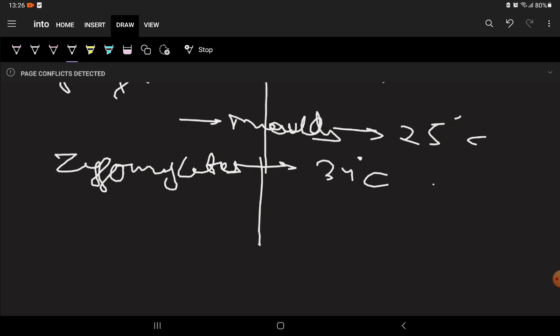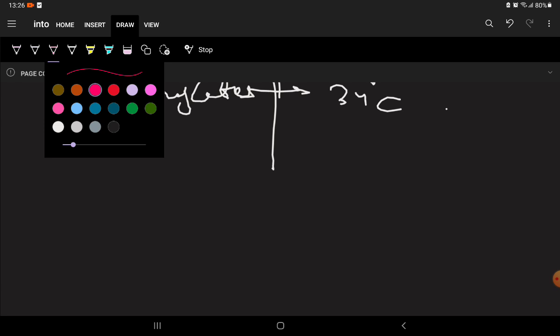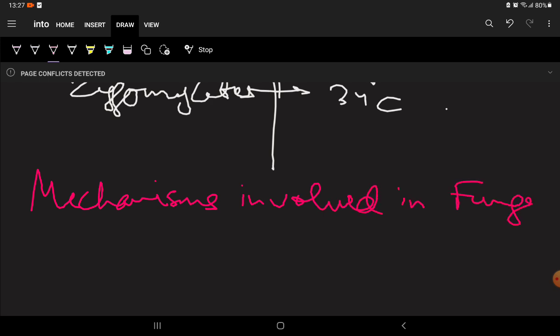Now one more point is left, which is of very high importance. That point is the mechanisms involved in fungal diseases.